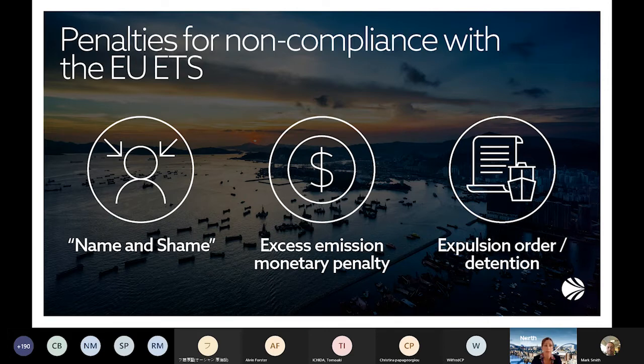And there is also the chance of an expulsion order where the shipping company does not comply for 2 consecutive periods, meaning that the entry into EU ports for all of the ships owned by that shipping company could be denied. These are obviously quite serious implications where there's a breach of the EU ETS.